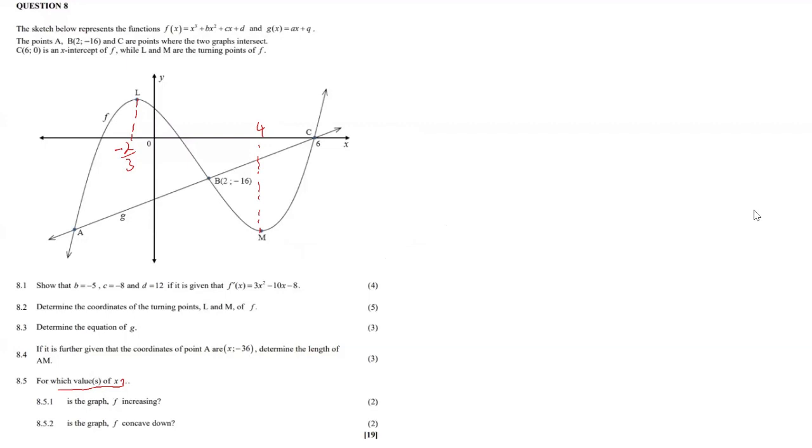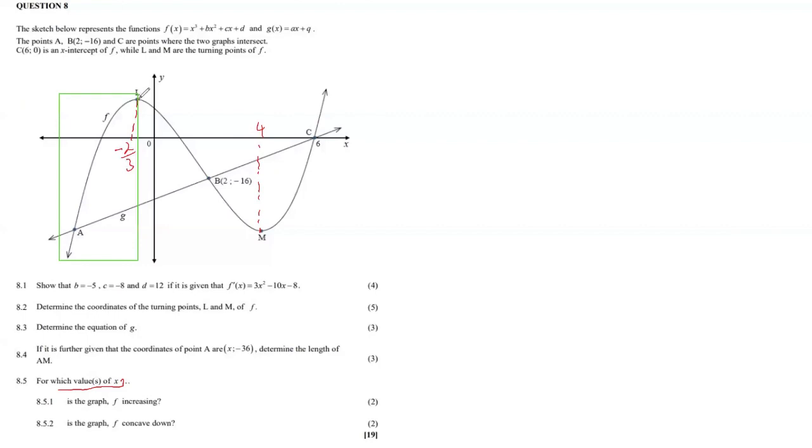Now I want you to observe this. Bring your eyes over here, and let's observe. What is your cubic graph doing there? We can see that your cubic graph is increasing at that point.